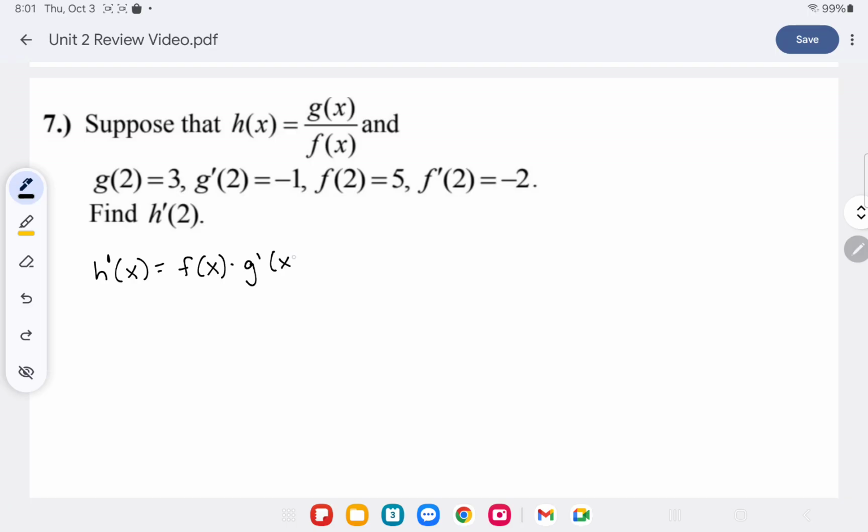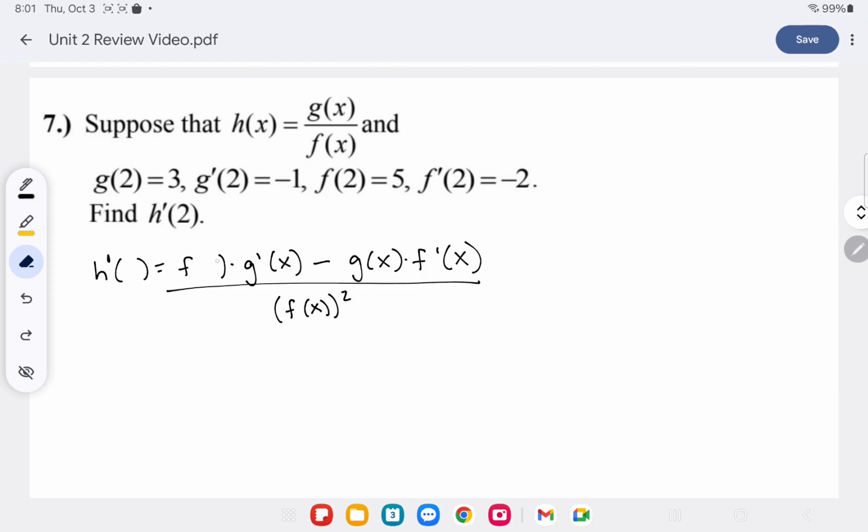So derivative of the high minus high d low, derivative of the bottom, over the square of what's below. And in this case, we're finding the derivative of h at 2.